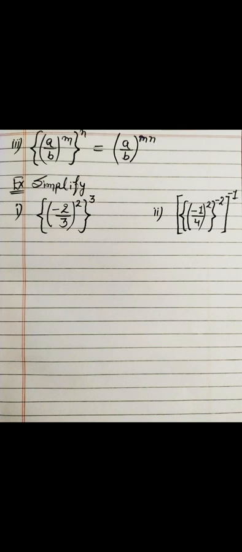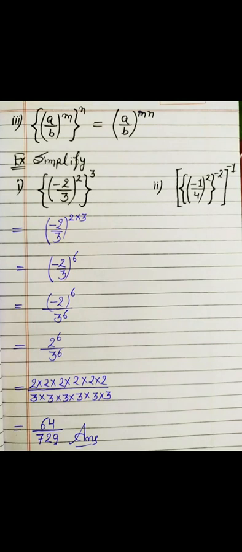Then these powers will be multiplied, so we will get (-2/3) to the whole power 2 into 3, which is 6. As the power 6 is even, our answer will be positive. So as the power is 6, we can write this number 6 times. Then after multiplication, we will get the answer, which is 64/729.